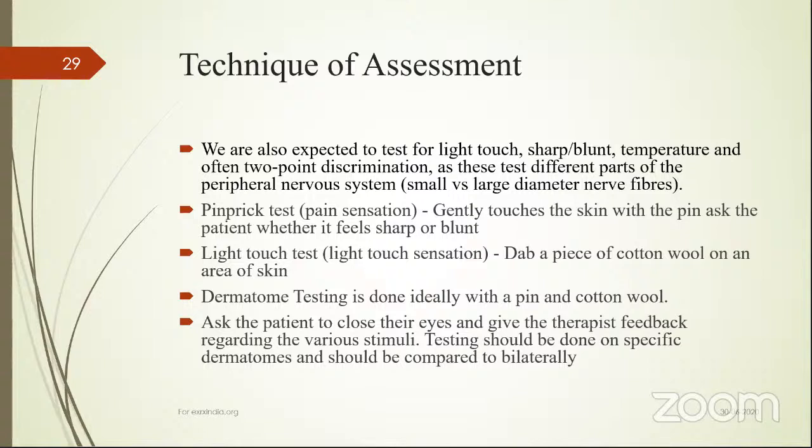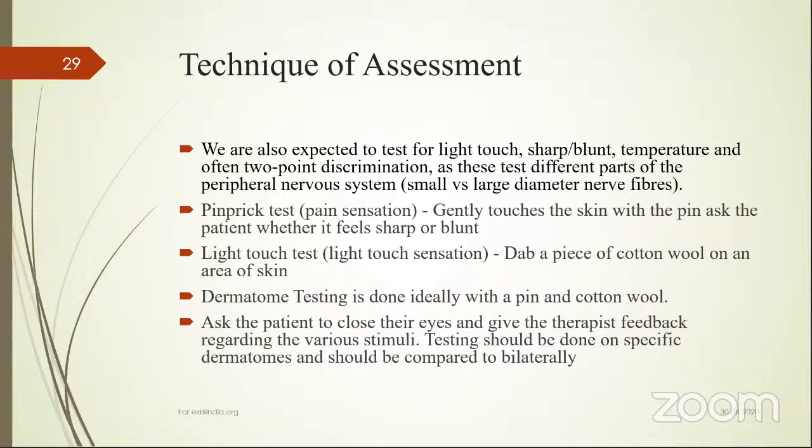Mainly, we ask the patient to close the eyes. Then we ask two important questions. The first important question is whether you feel the sensation. The second question is where you feel the sensation. That's all. If they say correctly, then there is no problem. So only two questions with the vision blocked, that is, the patient's eyes closed.